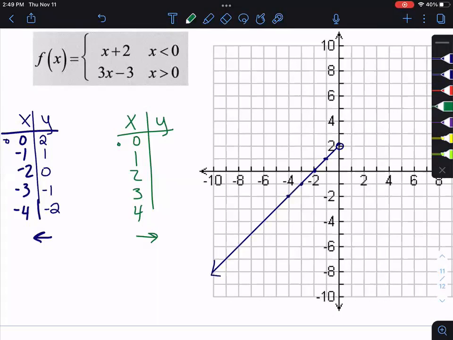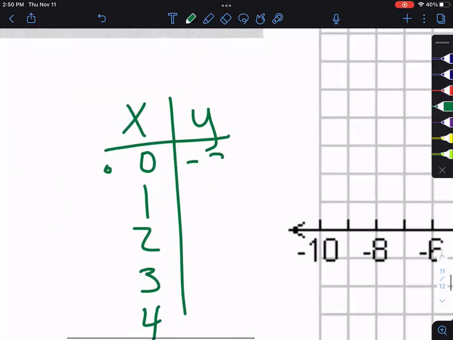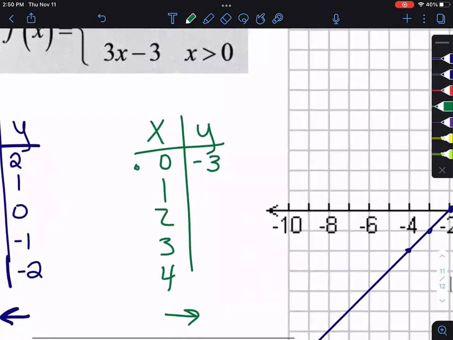For the second piece, for any x value greater than 0, we're going to use another open circle. This time, when we plug these in, we're going to take our x value times 3 and then subtract 3. So 0 times 3 is 0, minus 3 is negative 3.